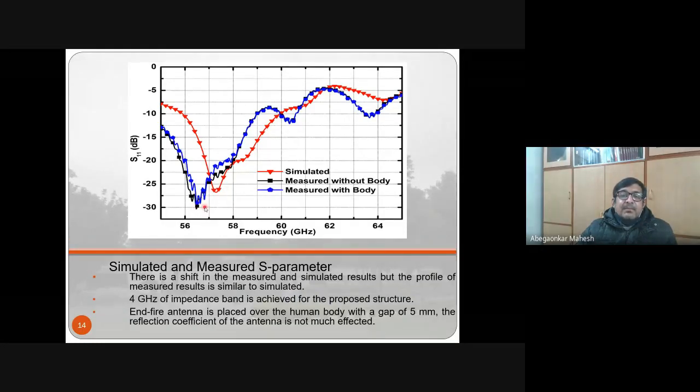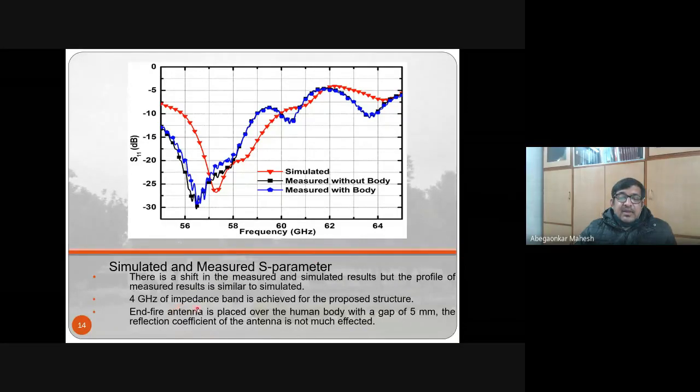So I'll read out these things here. There's a shift in the measured and simulated results, but the profile of the measured results is similar to simulated. There is 4 gigahertz impedance bandwidth achieved. So the structure is very simple, and you get about 4 gigahertz of impedance bandwidth.